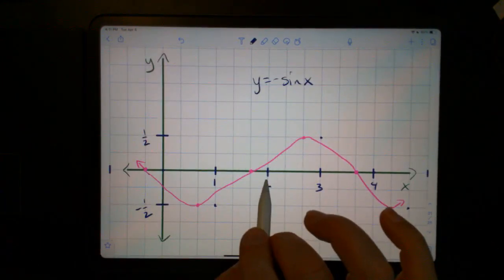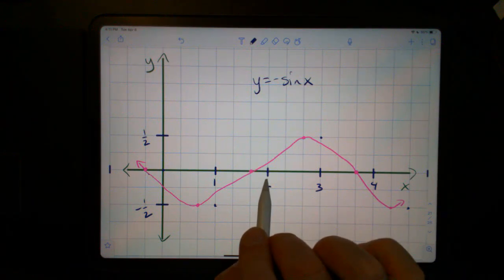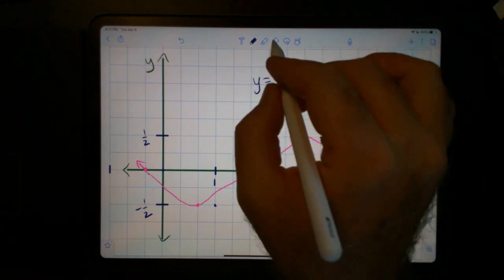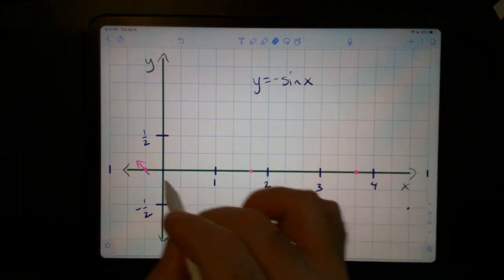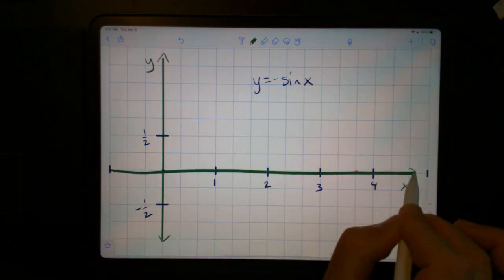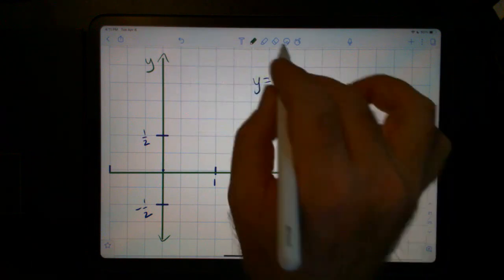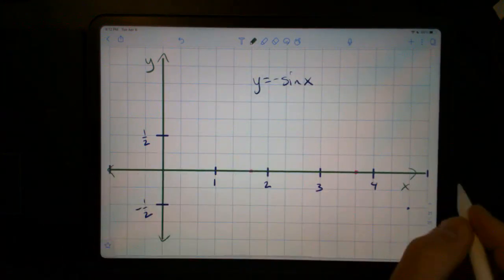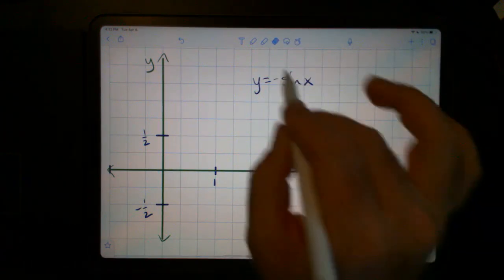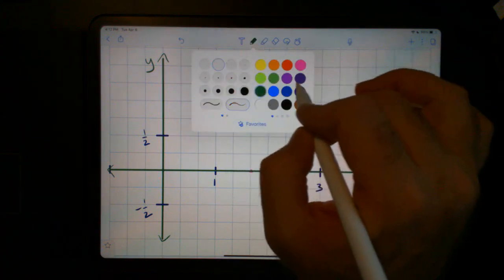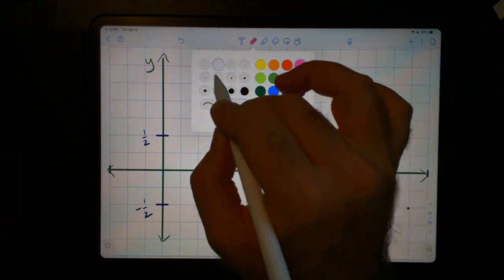So the period is 2. So if the period is 2, then I should have 4 markings in between.